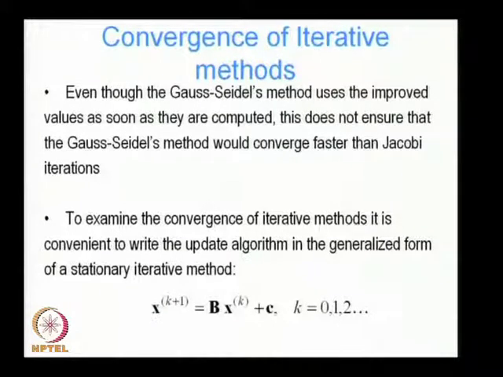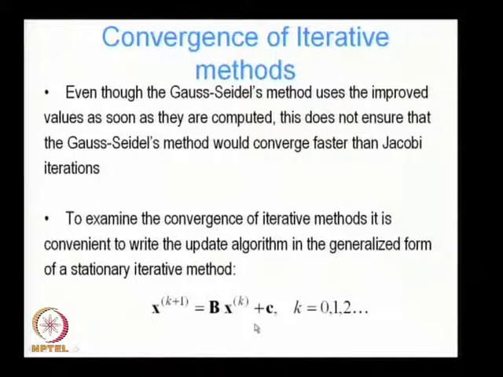So, this is a generalized form of a stationary iterative method, which says that my improved estimate to x, which I obtain at the k plus 1th iteration, is equal to some operator B operating on my old estimate x^(k) plus some constant vector c, and k goes from 0 to infinity. In order to obtain convergence characteristics, we write these iterative methods in this general form.